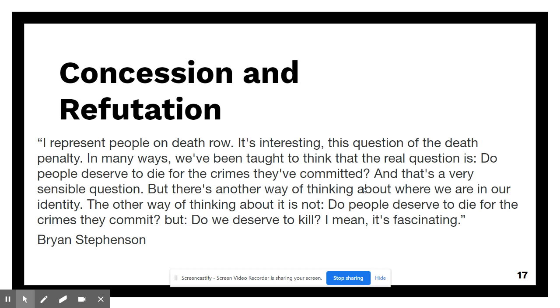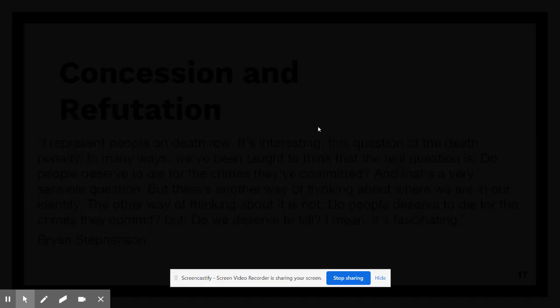He's saying, okay, I'll give you that that's an interesting question or even a sensible way to look at it. But what if we looked at it in this completely different way? This is Stevenson changing the conversation, changing the way people think about the death penalty, and also making his own claim, that the thing that's really important is not whether or not people deserve it, but whether we deserve to kill them. Okay, we're going to look at one more example.